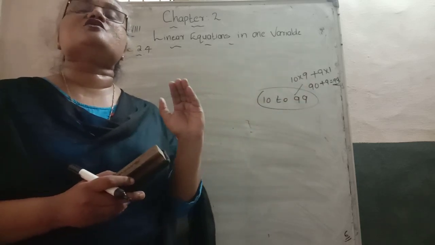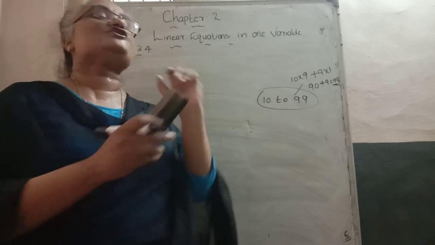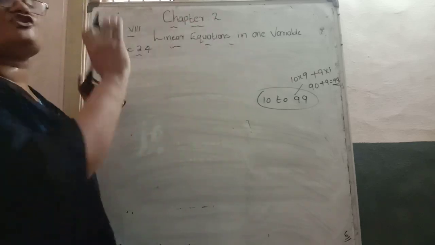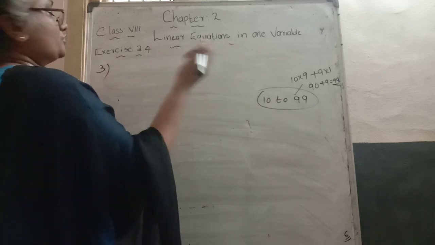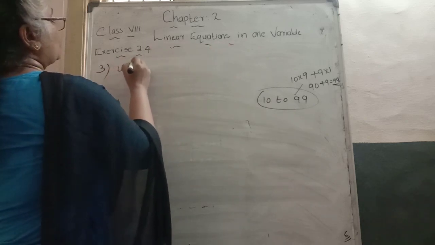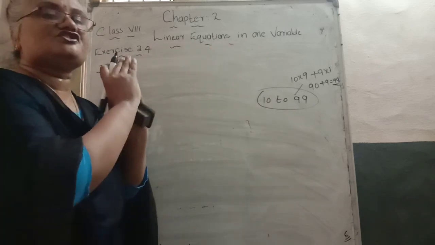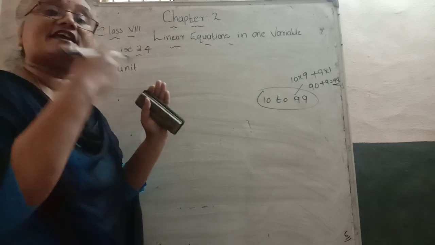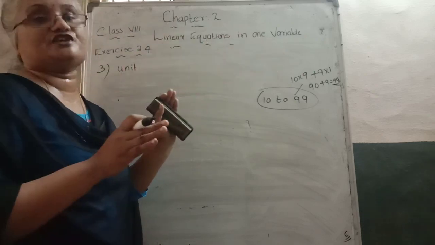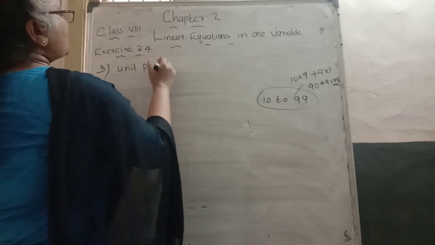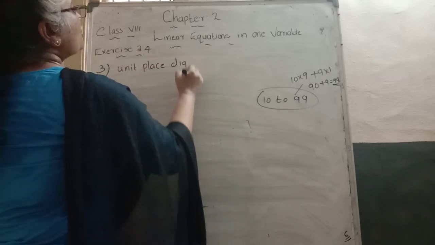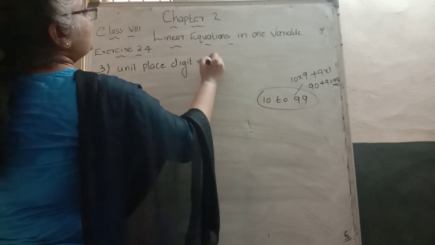In the same way here, they are telling there is a two-digit number, and the sum of the digits of the two-digit number. We don't know the unit place number. Our aim is to find that two-digit number. So the unit place digit we don't know, we consider it as x.